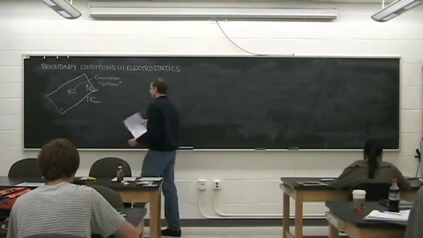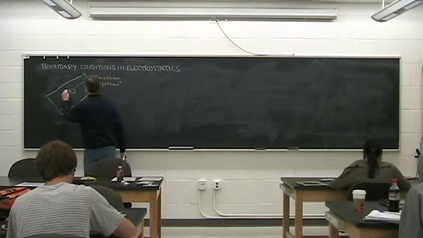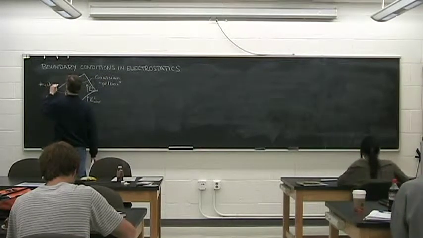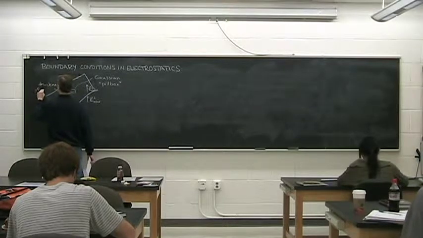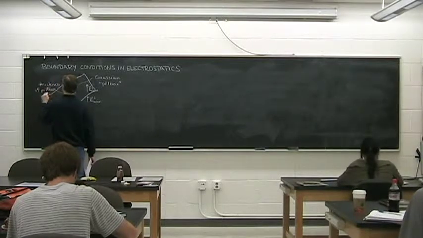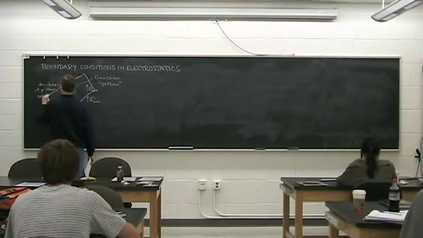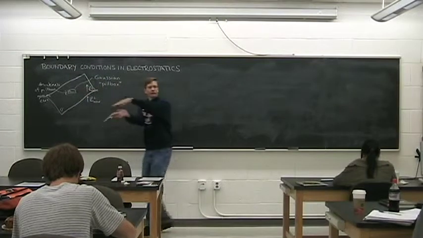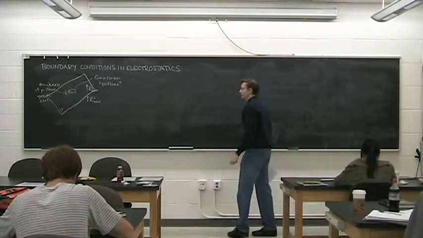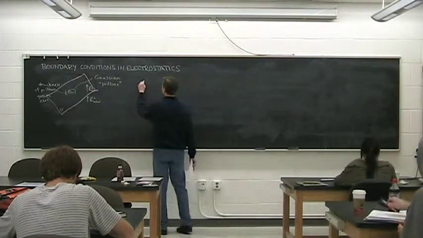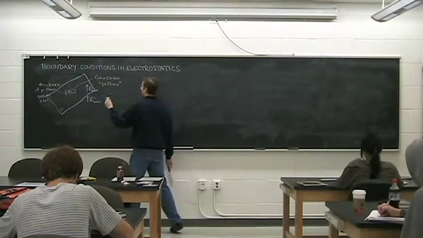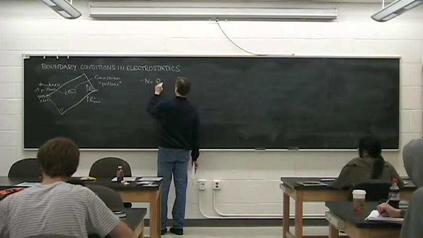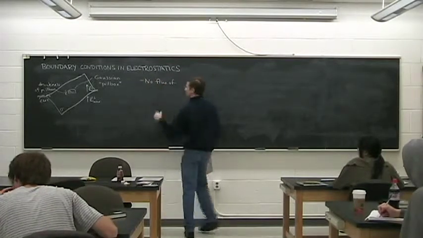The idea is that the thickness of the pillbox goes to 0. We're letting the top and bottom of the pillbox get arbitrarily close to the surface, so the thickness of the pillbox goes to 0, and what that means is no flux of E through the label, so to speak, of our pillbox.